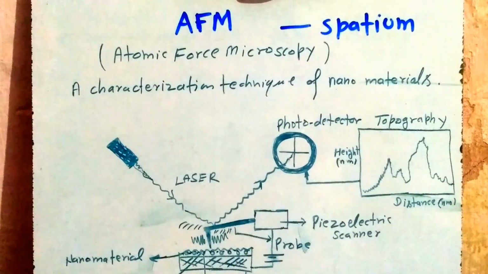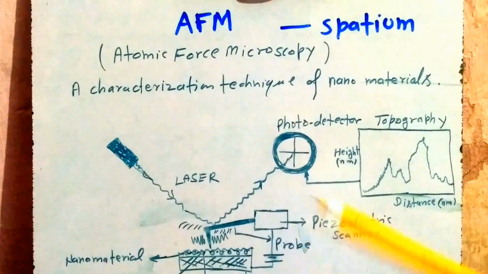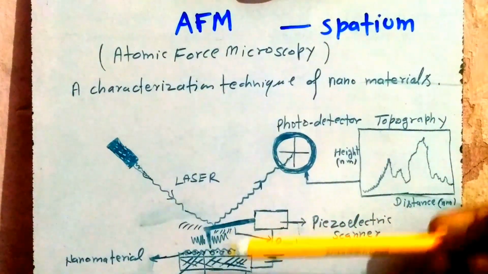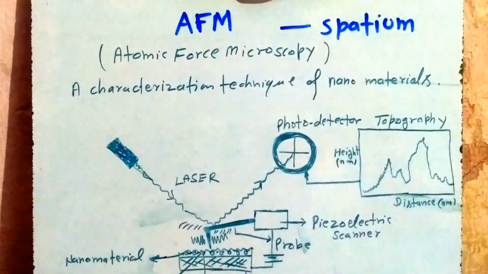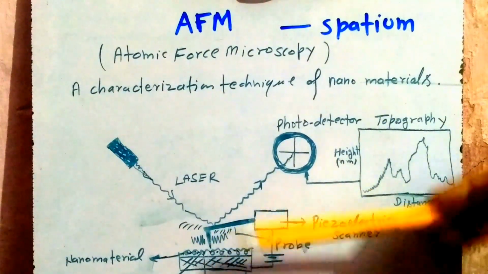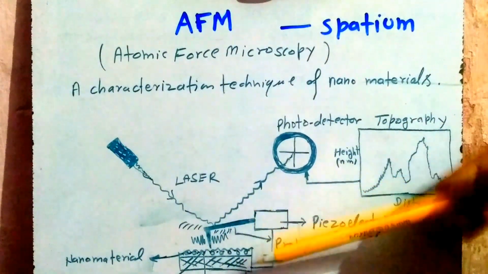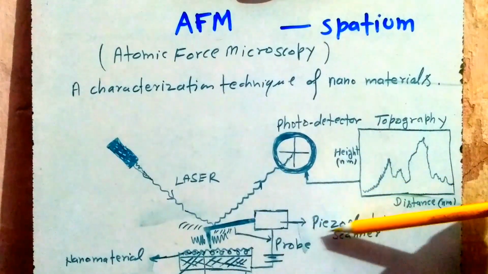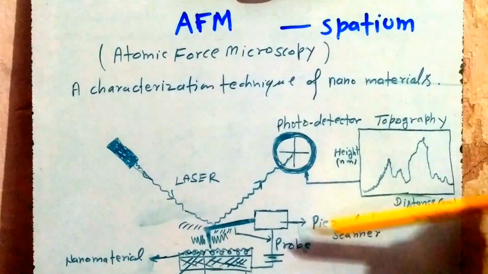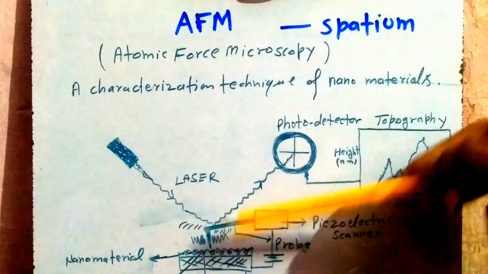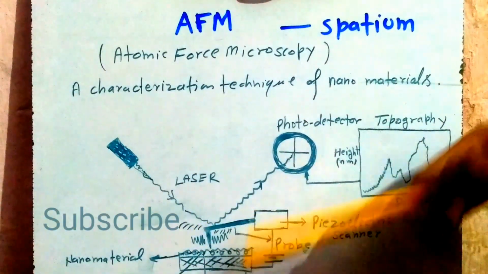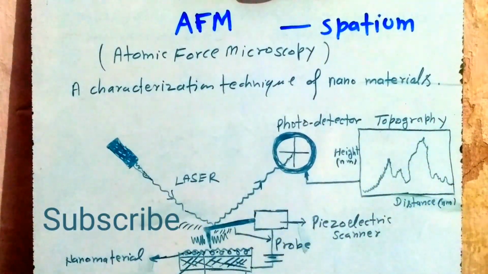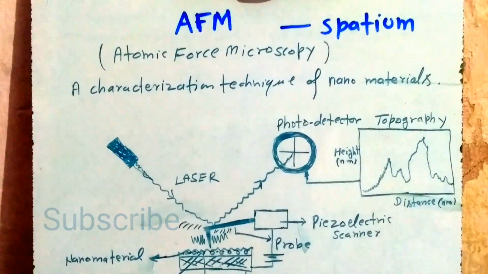The working of this technology is that there is a probe on the surface of the material under characterization. This probe is oscillating, vibrating like this, and is connected to a piezoelectric scanner which makes it vibrate on the surface of the nanomaterial, and it detects the Coulombic force of atoms.